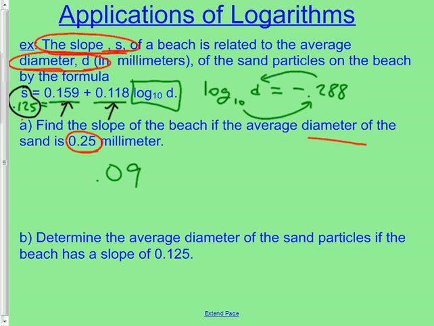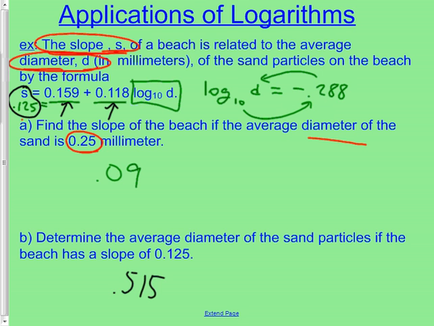Who's got an answer they're confident in? 0.515. Who had 0.515? All right, I think that's probably what we're looking for. And at the end, you just put 10 to a power to get your answer, right? All right, good.